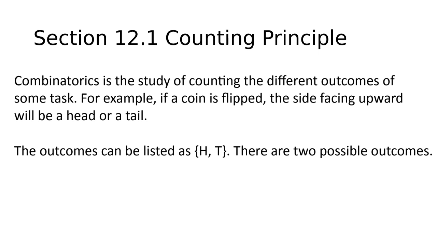For example, if you were to flip a coin, we know if it's a fair coin, we can have either a heads or a tail. Those outcomes, we can list them as a set of H for heads, T for tails. So we say that there's two possible outcomes.